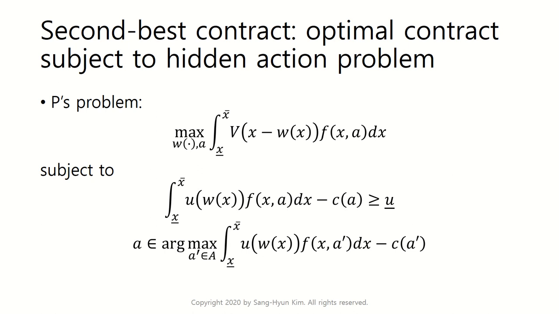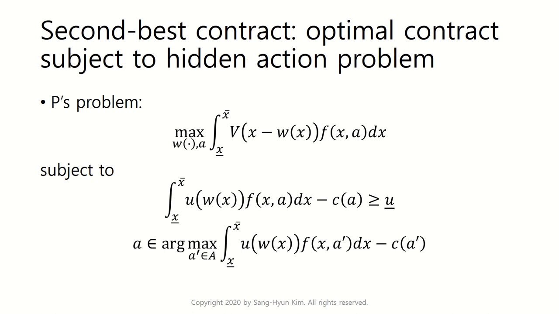So the second constraint is the IC constraint, the first constraint is the IR constraint, and now this W is just a function of X. It's not a function of A. So the principal has to choose a function which is contingent on X, only X, to give an incentive for the agent to work, and at the same time the principal has to set W optimally to share the risk.